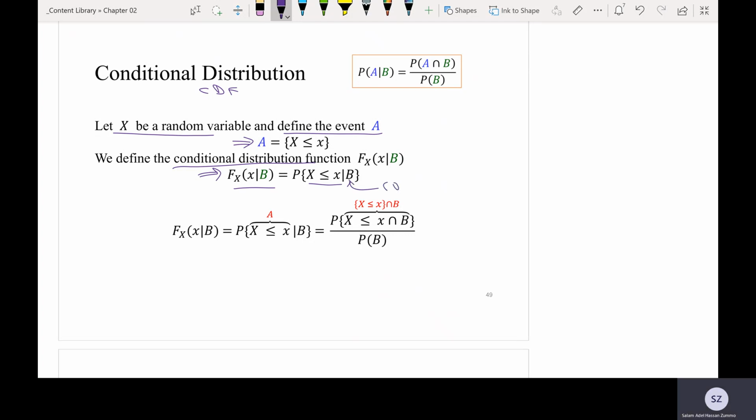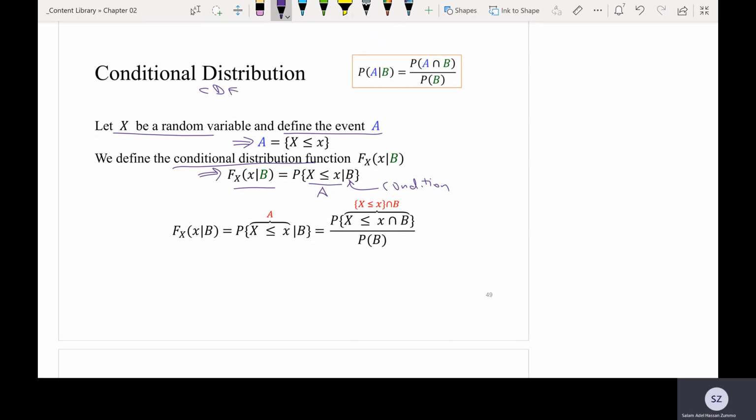So this is the condition. Think about this as A. So F_x(x given B) equals the probability of A given B. What is A? It is the probability that x is less than a specific number.